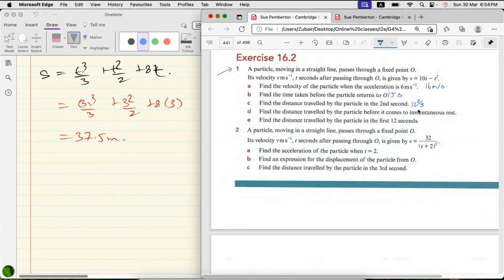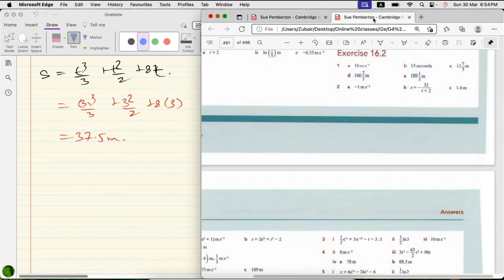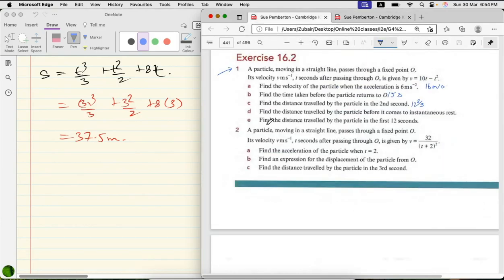D should be 500 over 3 meters, and E should be 144 meters. D is correct, 500 by 3. And E, this is 189. Did you check if the particle is turning back anytime within 12 seconds?